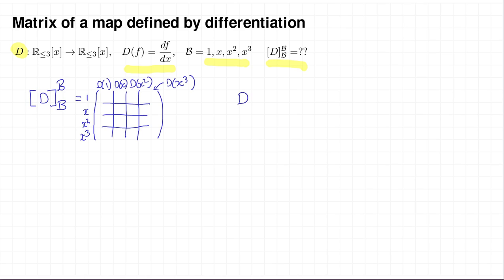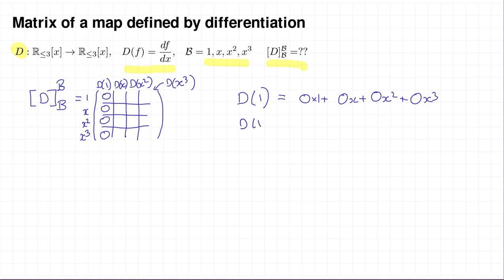To work out the first column, I work out D applied to the first element of the basis of my domain. And I express that as a linear combination of the basis elements for my codomain. D of 1 is 0, and that's 0 times 1 plus 0 times x plus 0 times x squared plus 0 times x cubed. So my first column should be 0, 0, 0, 0.